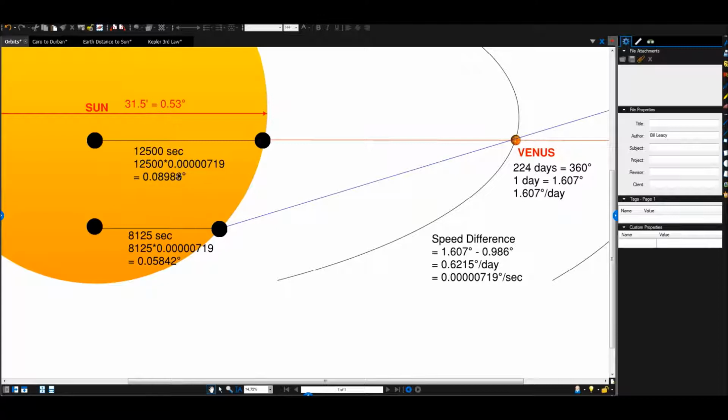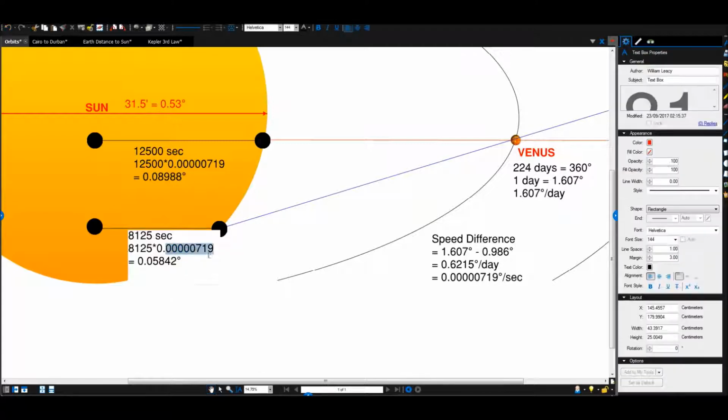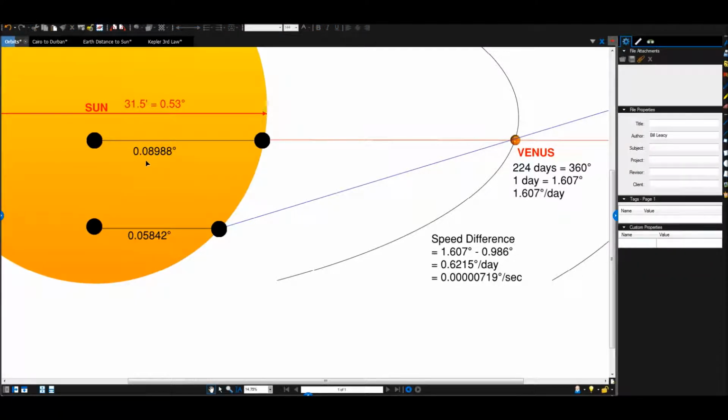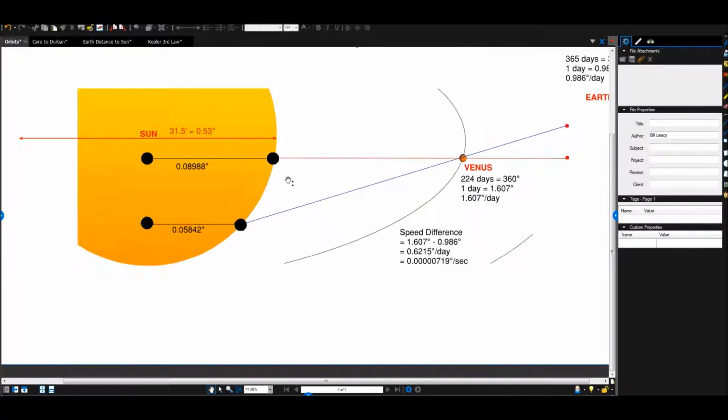So you can see this angular measure is larger than this one, which makes sense. So that's that in angular measure. So we see the size of that angle measured from Earth is like 60% bigger, which makes sense for us.